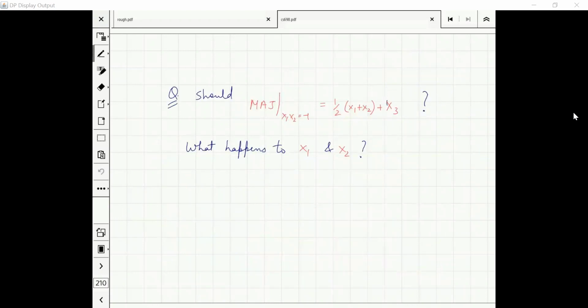When I'm restricting x1, x2 equal to minus 1, that means x1 is equal to minus x2 also. This was my function, and there I substitute this, I will get majority. Sorry, I should just say restricted to x1, x2.